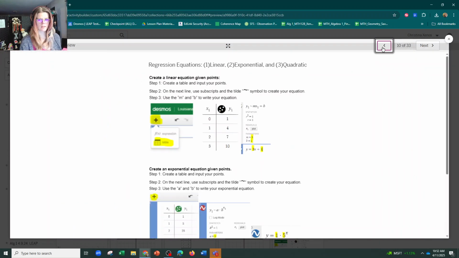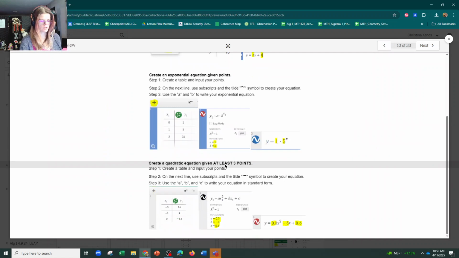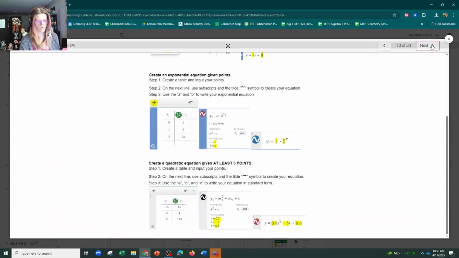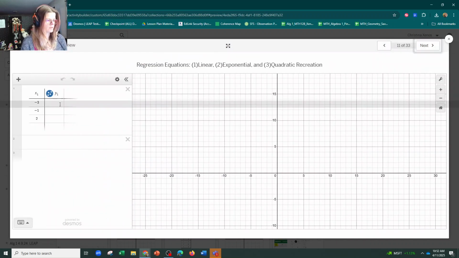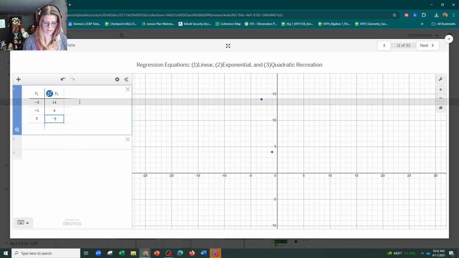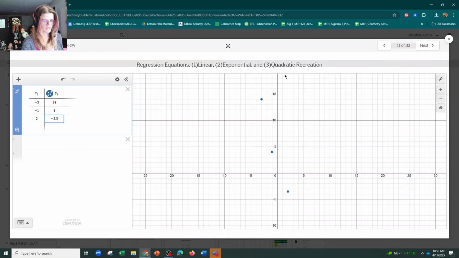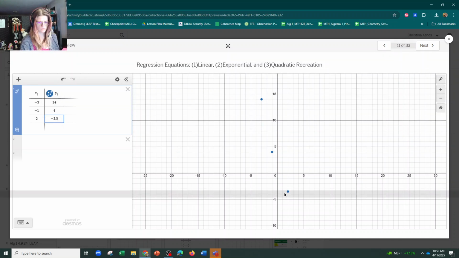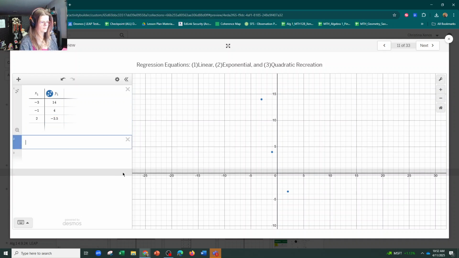And then we're going to go back, and we're going to enter our y values, 14, 4, and -3.5. And you can see our dots.